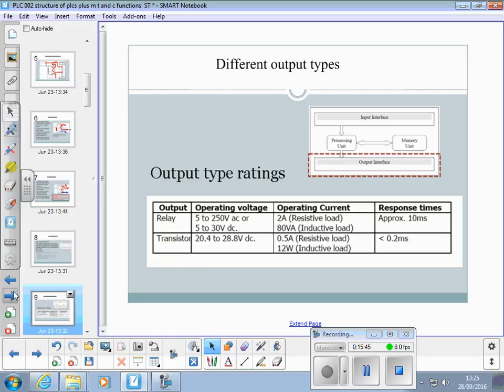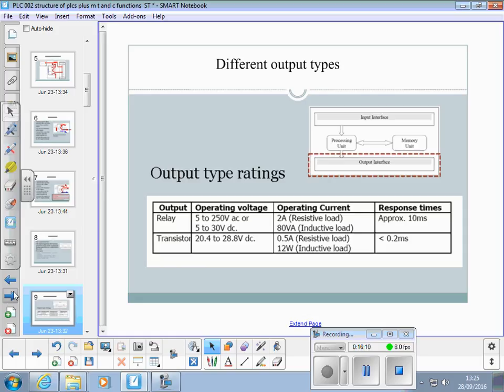Pretty fast, but bear in mind we're talking about 0.2 of a millisecond for a transistor. Much faster operation, if that's important to you. But we're restricted to 20 to 28 volts DC, and the current handling capability is considerably lower as well.